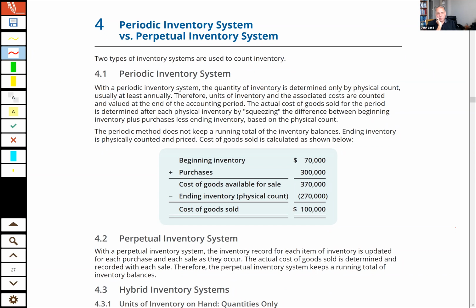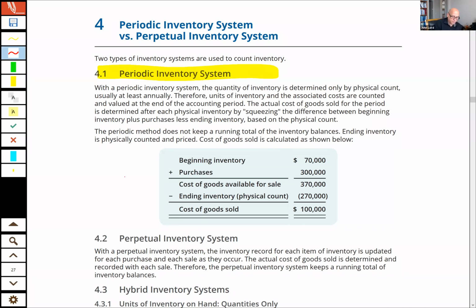That's when I'm going to count my inventory to see how much is left, and that will allow me to calculate my cost of goods sold. Well, these days, because they have scanners and things that automatically order inventory, as we get more and more into big data, I would imagine most companies use perpetual, but the examiners still like to ask periodic. So we do need to understand how both of these work, periodic versus perpetual.